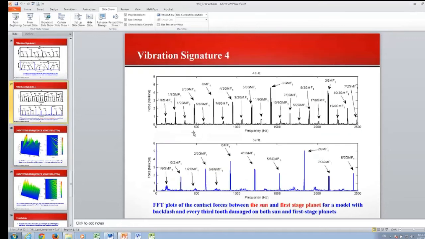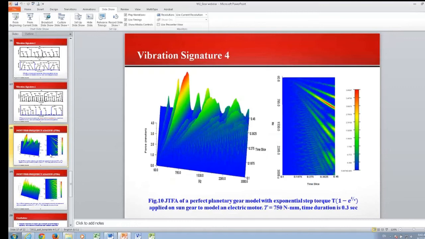Atoms will automatically convert your time domain plot to this, which is called 2D FFT. Then you can also do the 3D FFT. You can choose it, a window will pop up, and then you will see the overlap.